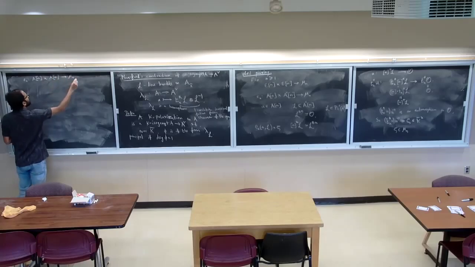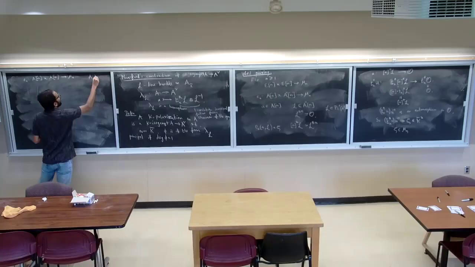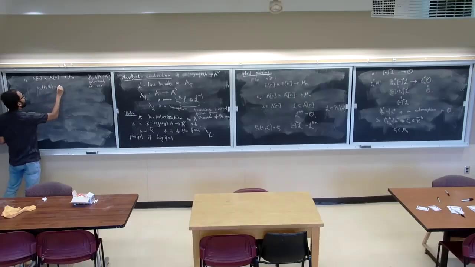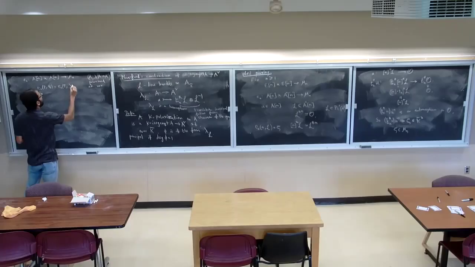You can define this if you have a polarization. This is a polarized abelian variety. En P Q, En P lambda.